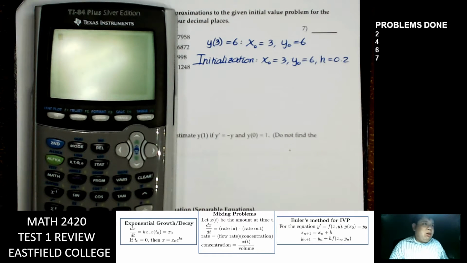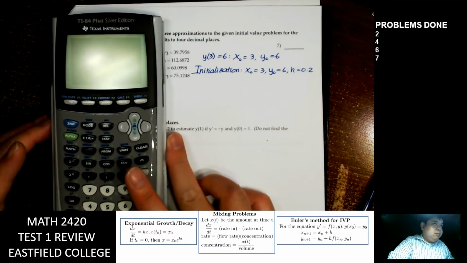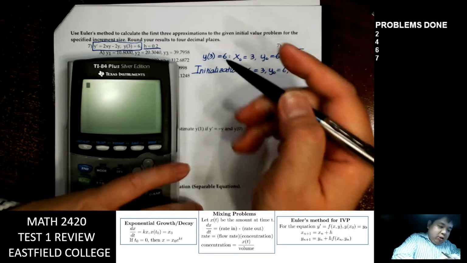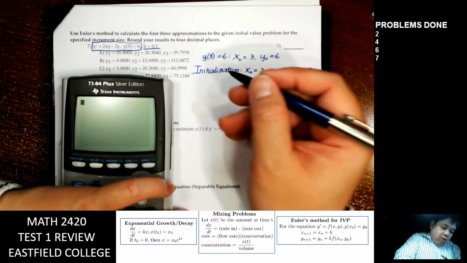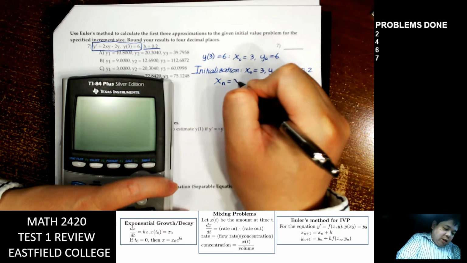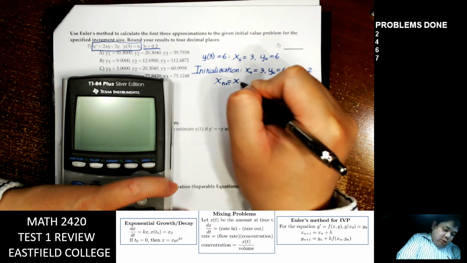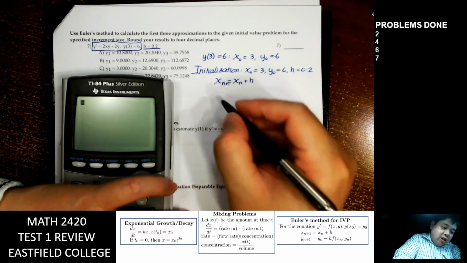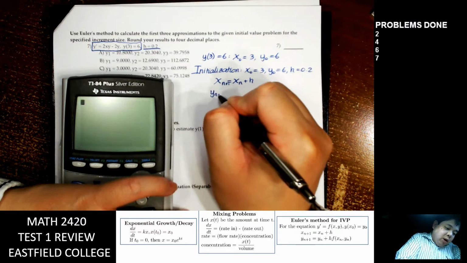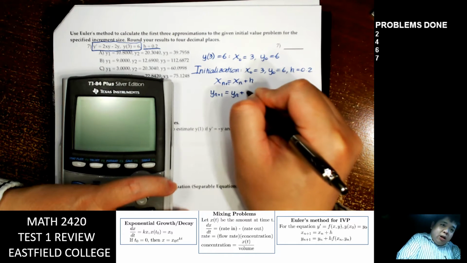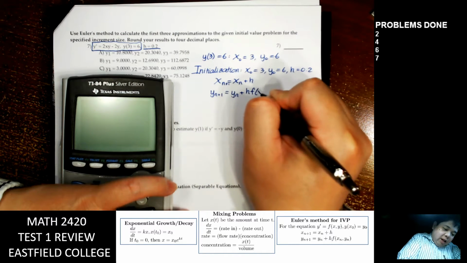I need to zoom out on this one. Right. And after that, the recursion is x(n+1) equal to xn plus h, just exactly like the formula says. y(n+1) equal to yn plus h times f(xn, yn).